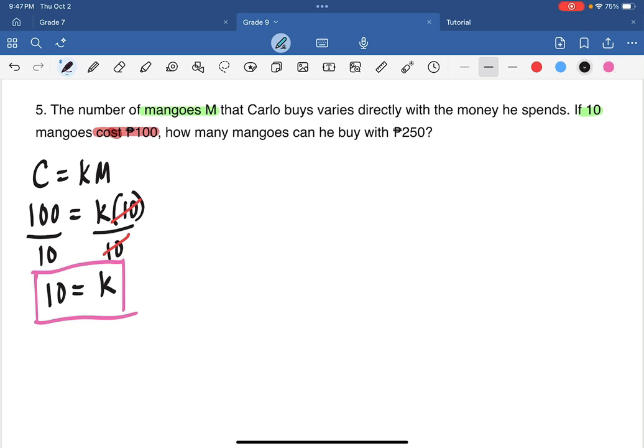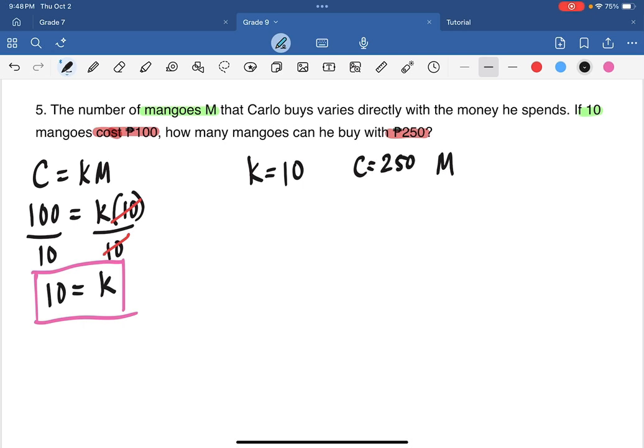Now, given our constant K is 10, and we have C and M. So for C, in the second part, we have 250 pesos. Now, this time we are looking for the number of mangoes.